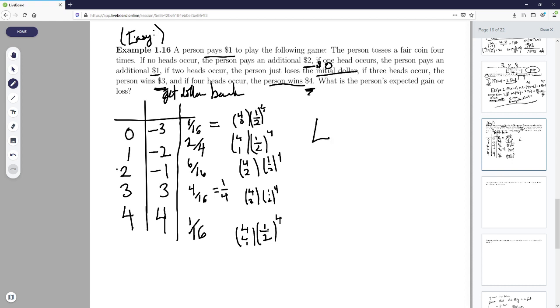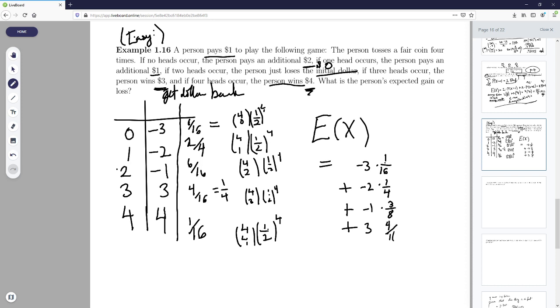Okay, so let's calculate. What is the expected value? Well, it's equal to -3 times 1/16 plus -2 times 1/4 plus -1 times, I guess, 3 out of 8, if we're going to simplify, which we shouldn't, plus 3 times 4 out of 16 plus 4 times 1 out of 16.